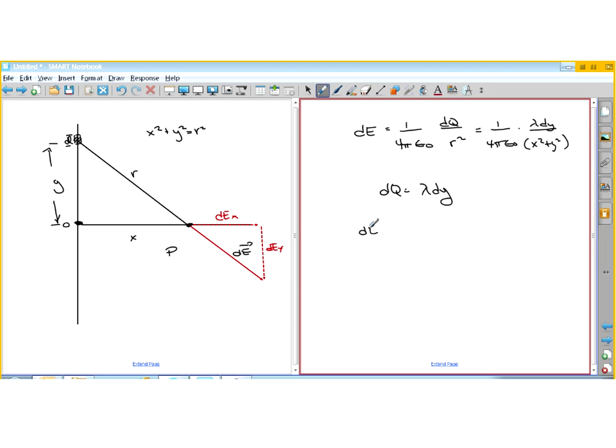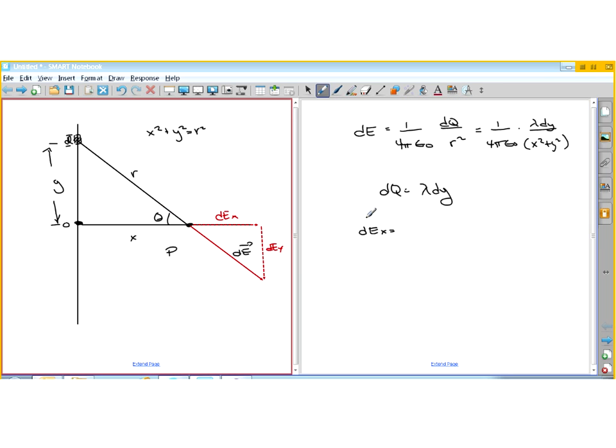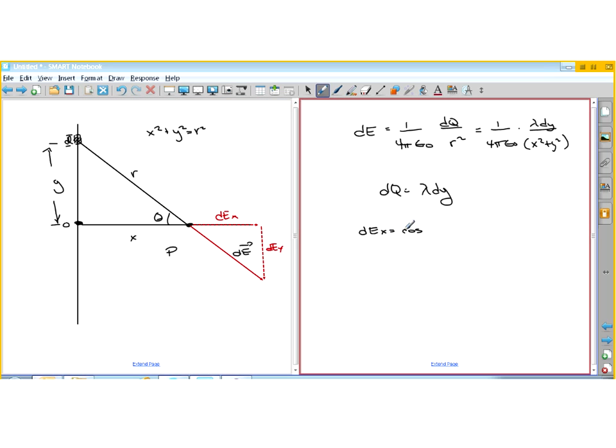The x component is just going to be, let's see, x is, this is theta. So just like before, the differential x component is the cosine of theta times dE.